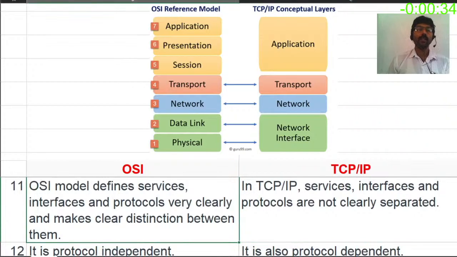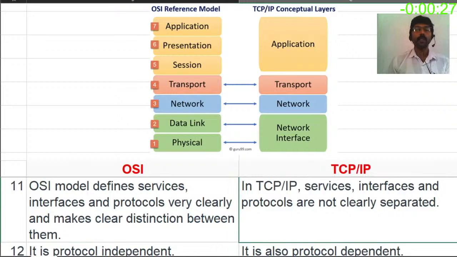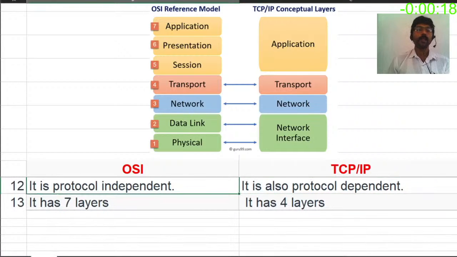The OSI model defines services, interfaces, and protocols very clearly and makes a clear distinction between them. In TCP/IP, services, interfaces and protocols are not clearly separated. The OSI model is protocol independent, whereas TCP/IP is protocol dependent. The OSI model has 7 layers and TCP/IP has 4 layers.